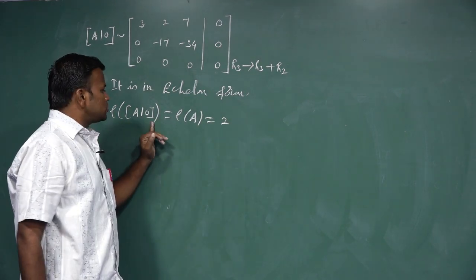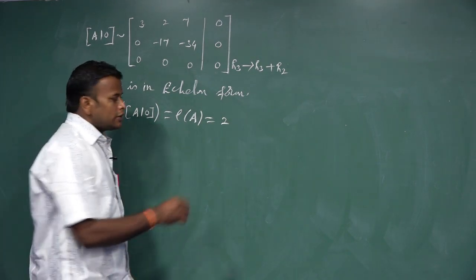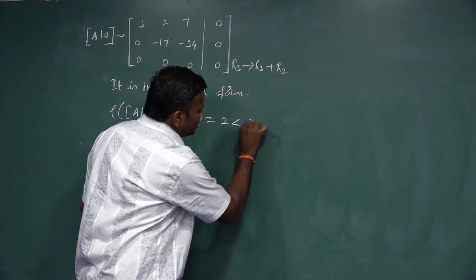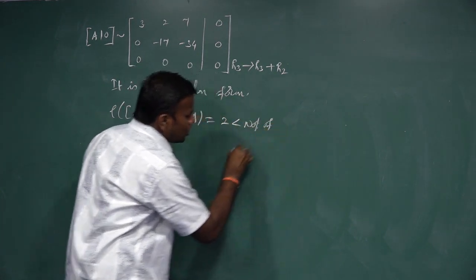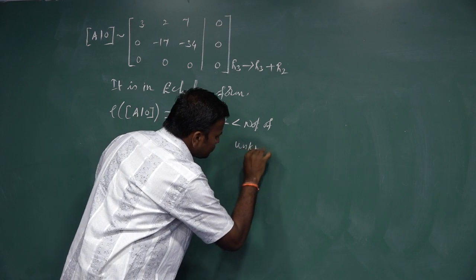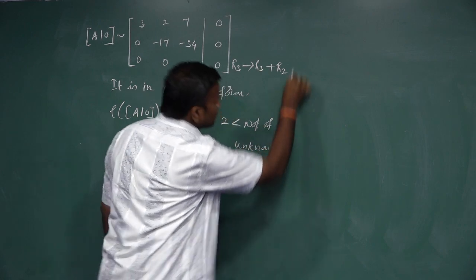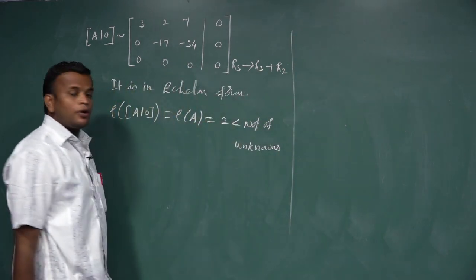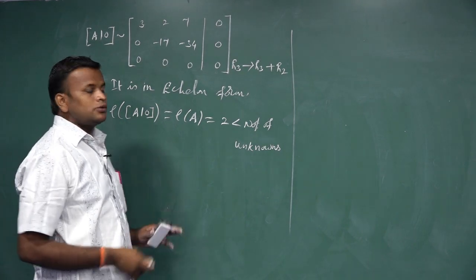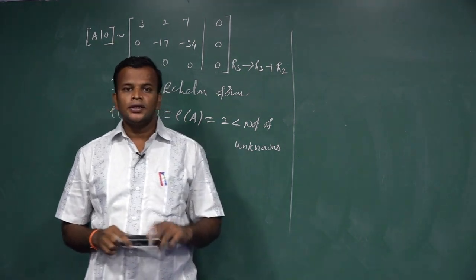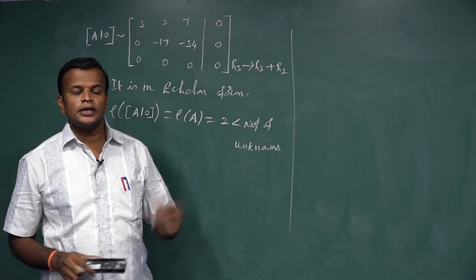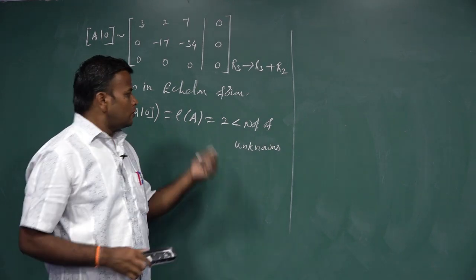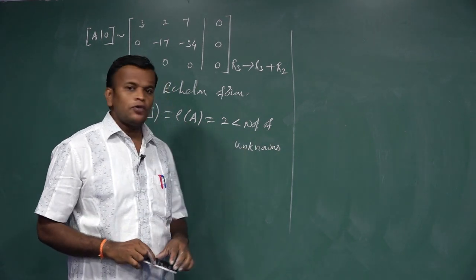Rank of A|0 is equal to rank of A is equal to 2, where 2 is less than the given number of unknowns. You see in the working rule, it falls in the second case. The rank is 2. Therefore, 2 is less than the number of unknowns.